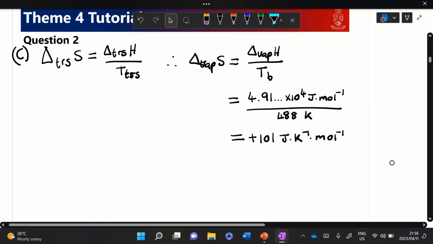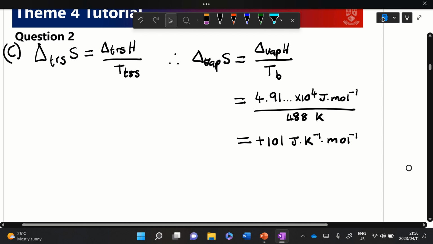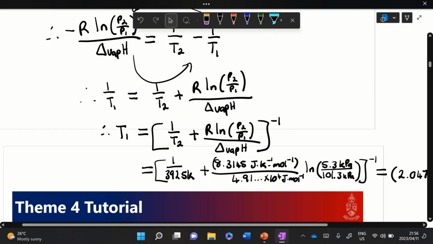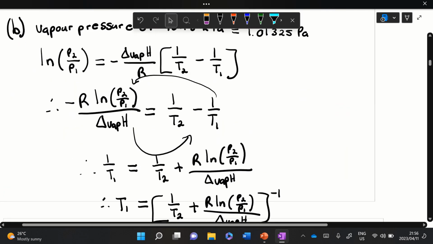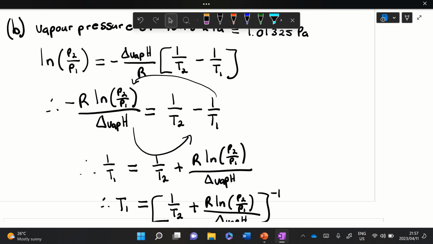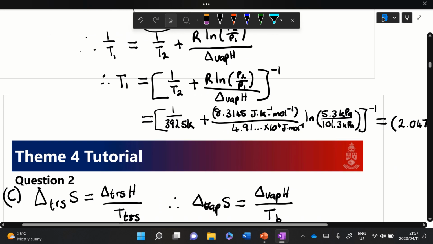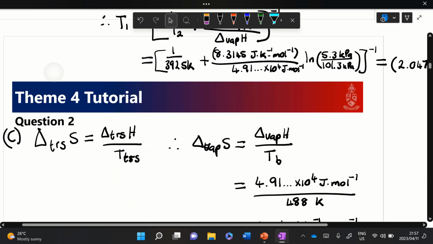So yeah, that is essentially it for question 2. Of course, you could have calculated this middle one or any one of these really by just plugging in the values and going step by step. But you know, I like to do the algebra route, so yeah.